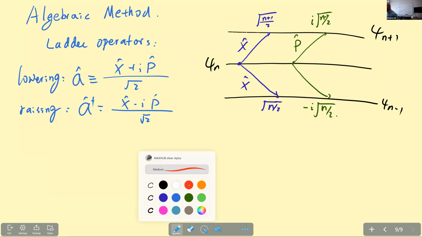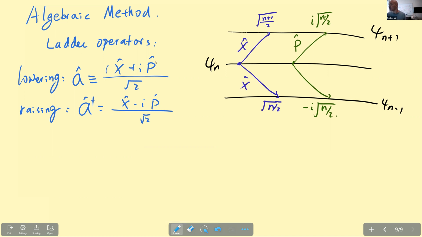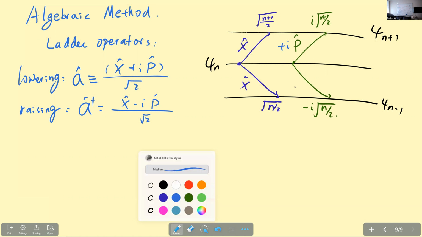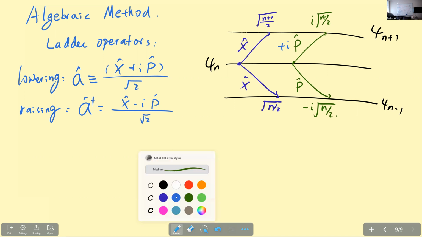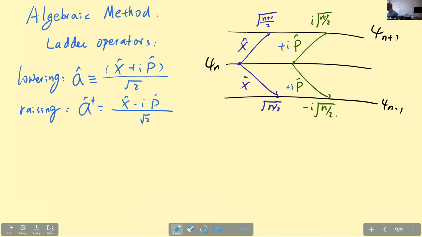This is the effect of these operators. Now if you apply this, you also multiply by i here, so it becomes i times this one.